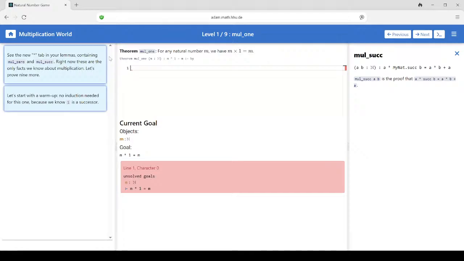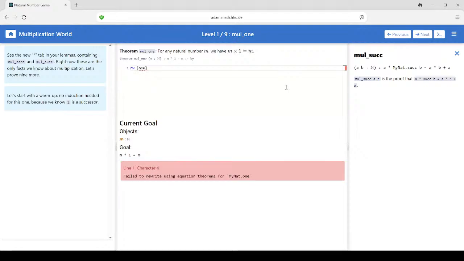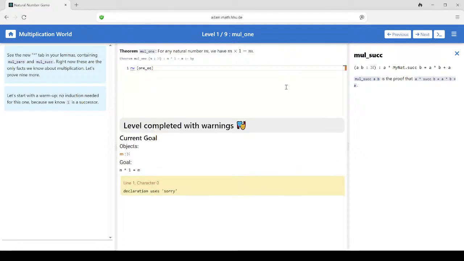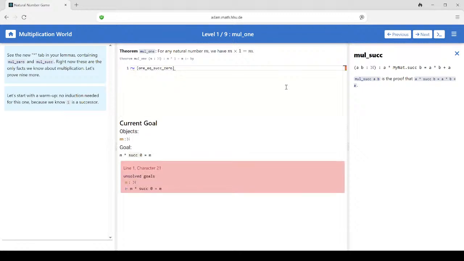So let me redo this. I started with rewrite, what was it? Yeah, it was 1 equals the successor of 0.